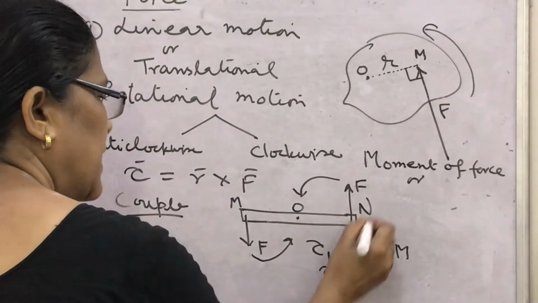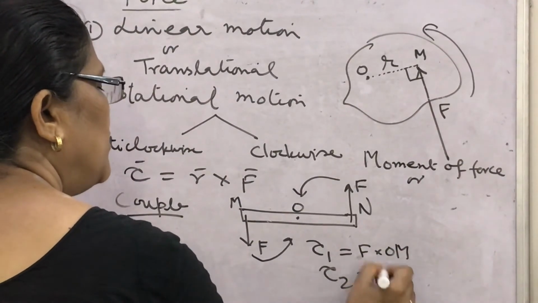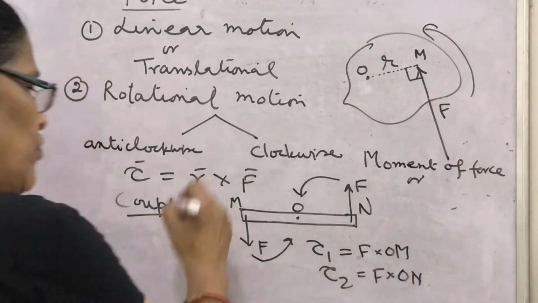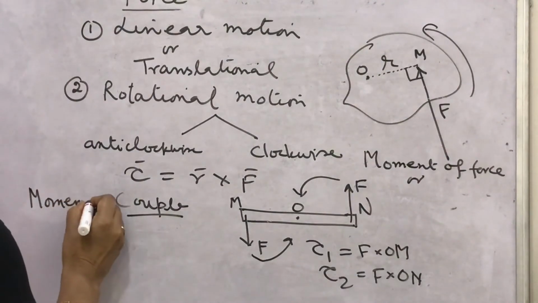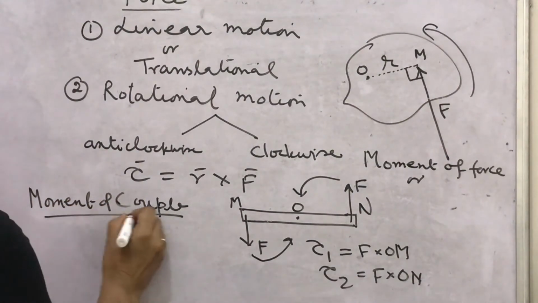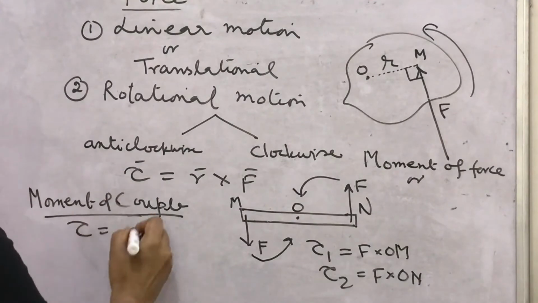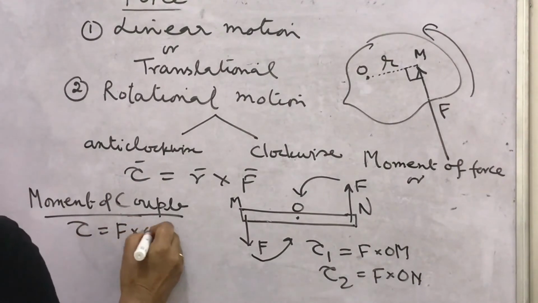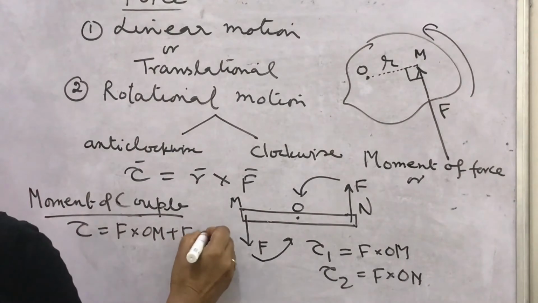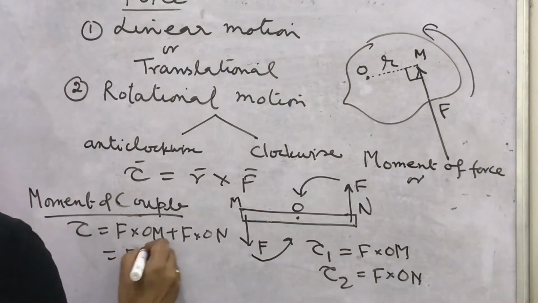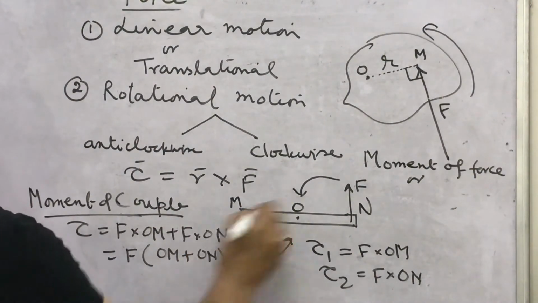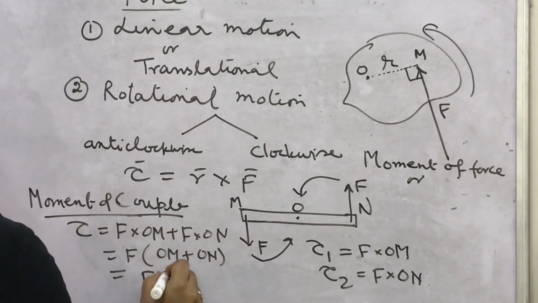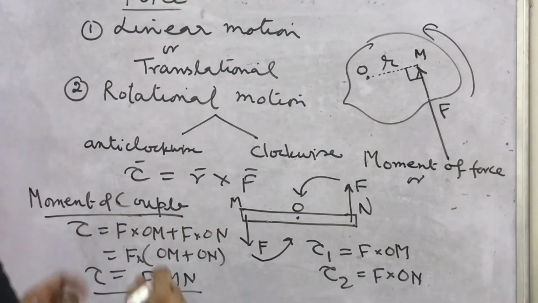For the second one, you will write F into ON. What will be the net moment of couple? Net moment of couple will be F cross OM plus F cross ON. That is F into (OM plus ON), that is the total MN. So, this is the moment of couple.